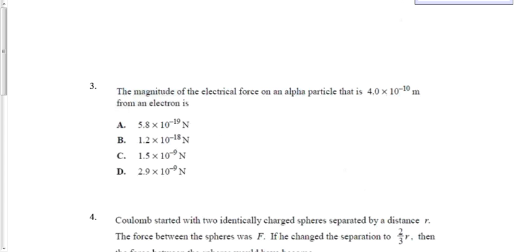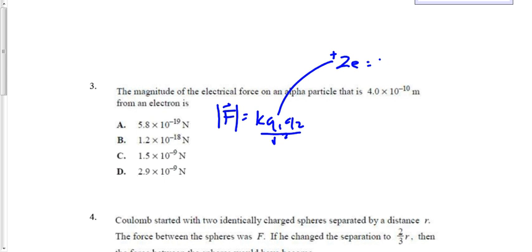Number 3, the magnitude of the electric force on an alpha particle that's this far away from an electron. This is just a straightforward question, if we know the charges. The charge of the alpha particle is 2 times the elementary charge, which is 2 times 1.60 times 10 to the minus 19 coulombs. We're going to say the charge of the alpha particle is 3.20 times 10 to the minus 19 coulombs.